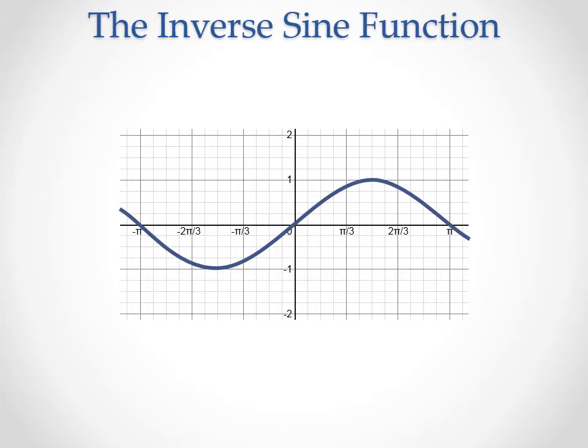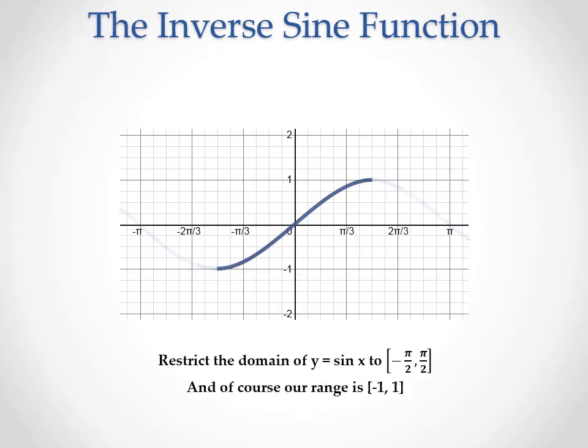All right, so if we look at the inverse sine function, here is a sine function, and what we have to do is restrict the domain for our sine from negative pi over 2 to pi over 2. Now this is an xy coordinate plane, and we're graphing it on an xy coordinate plane.